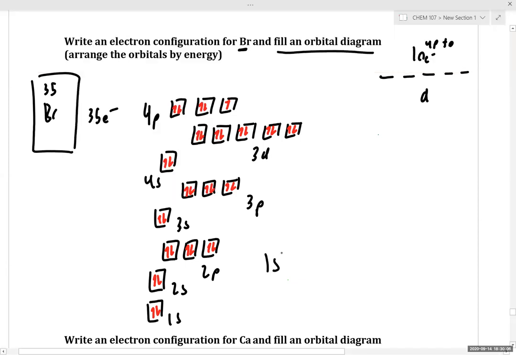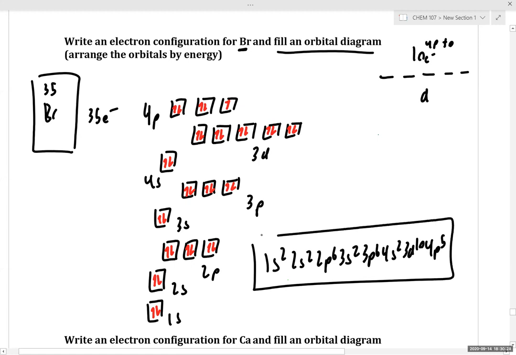So then our configuration will be 1s2, 2s2, 2p6, 3s2, 3p6, 4s2, 3d10, 4p5. Okay, perfect. Does this example make sense to everyone?